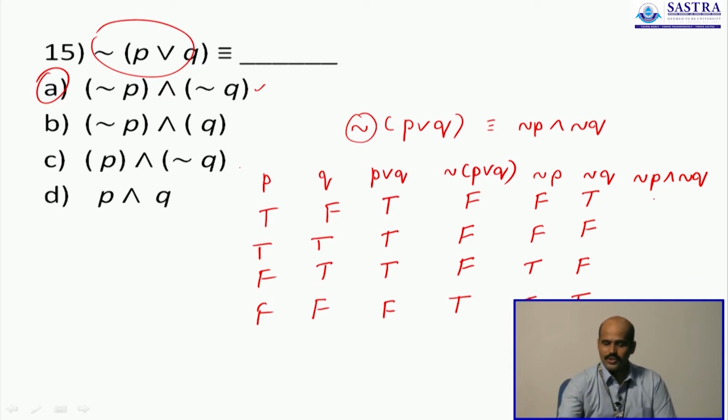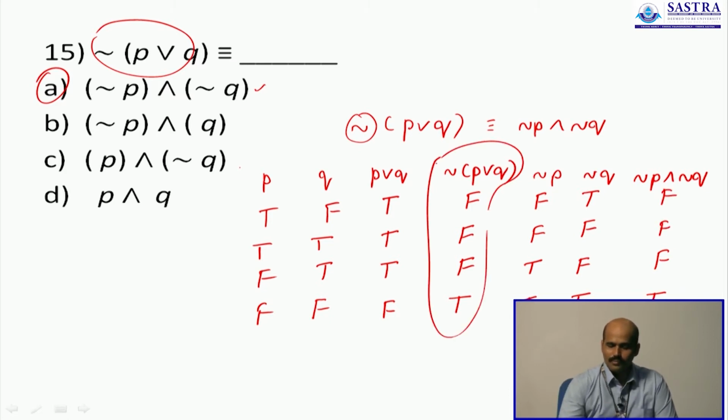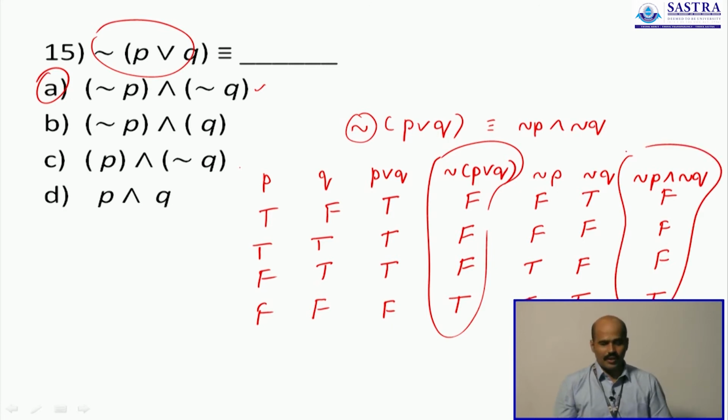So when you go for the conjunction, you will know that a true value is returned only when both are true. So that happens only in the last row. All the others are false. So now you will see that column number 4 and column number 7 are exactly the same, and therefore the corresponding statements are equivalent.